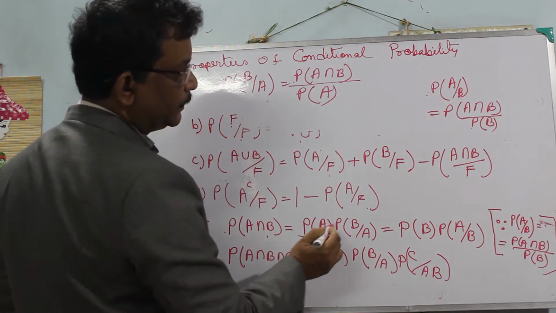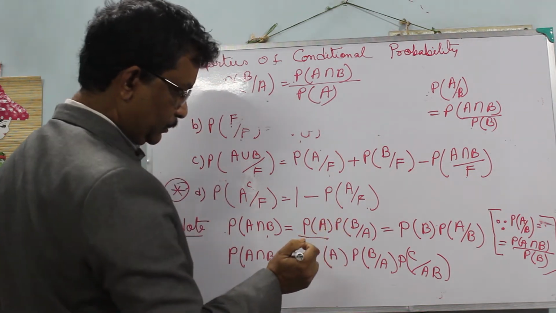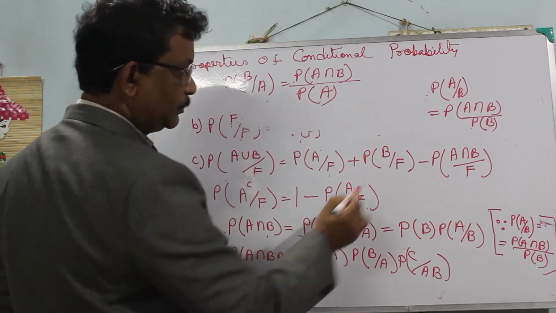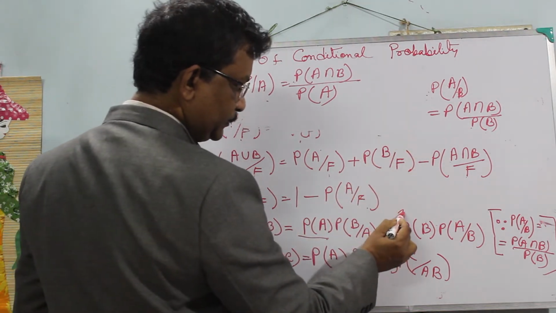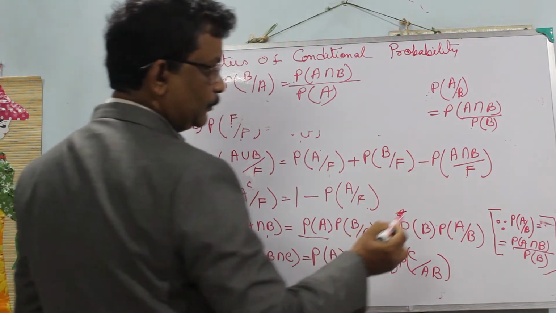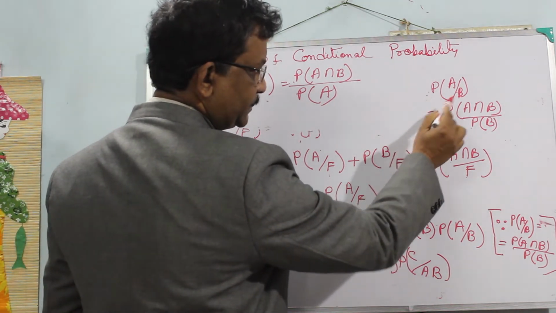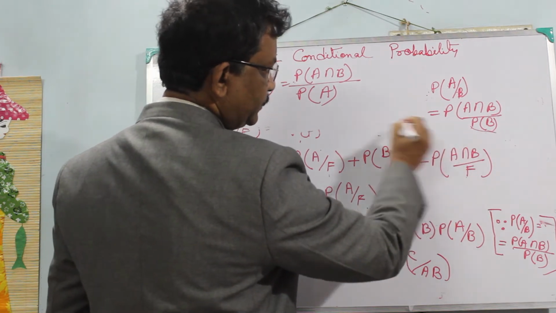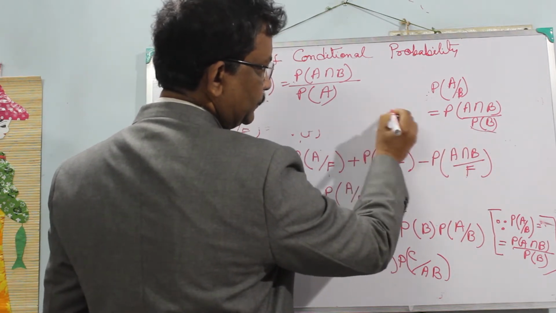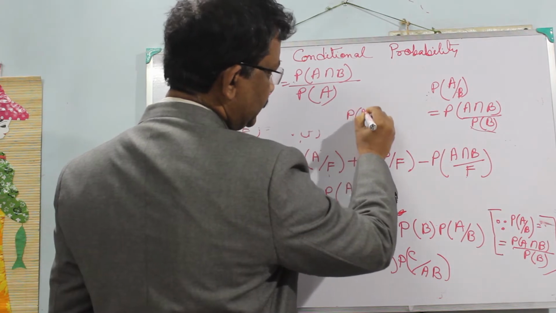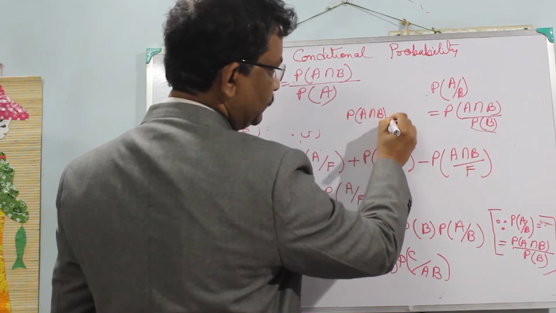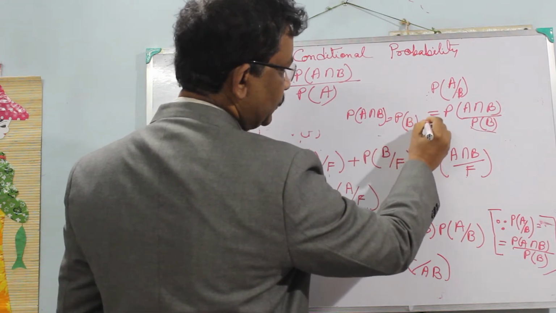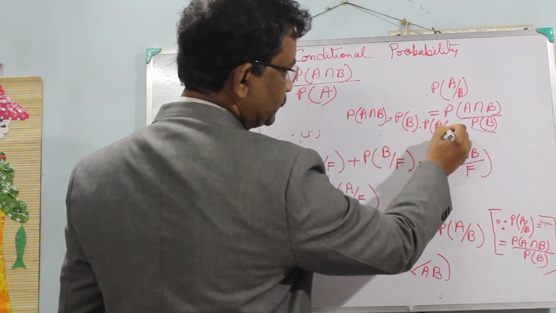So probability of A intersection B equal to probability of B into probability of A when B has occurred.